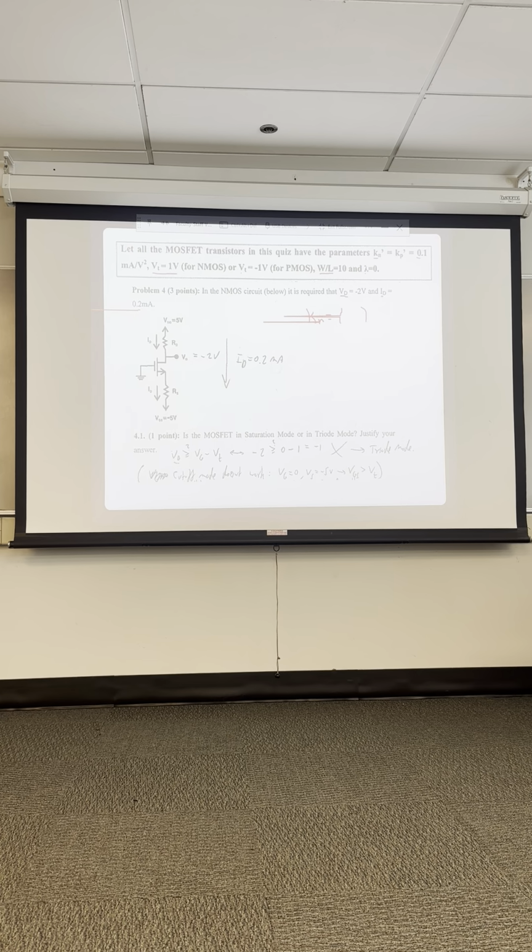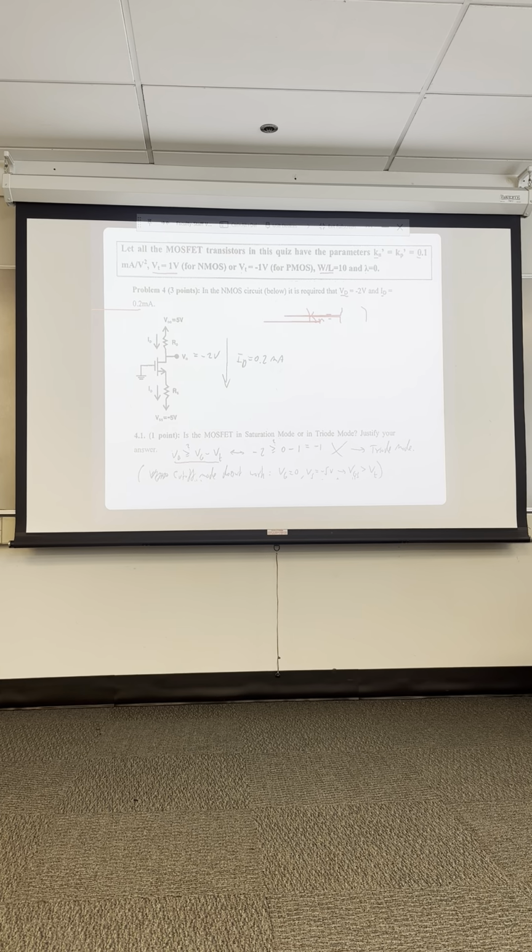Is the drain voltage greater than or equal to the gate voltage minus the threshold? Is -2 volts greater than 0 volts on the gate minus 1 volt threshold, which is -1? The -2 is not greater than or equal to -1. That means this device is not in saturation, it's in triode mode.